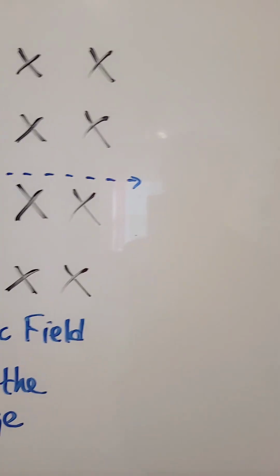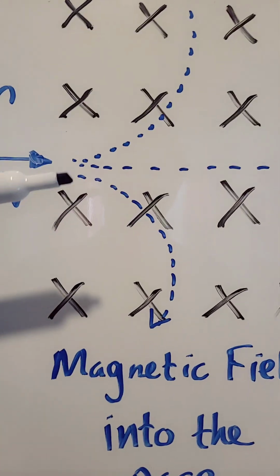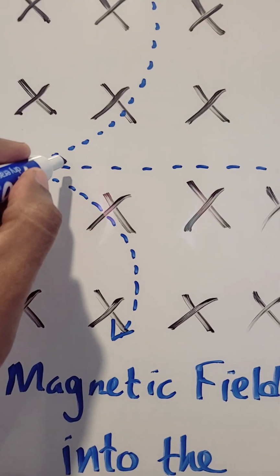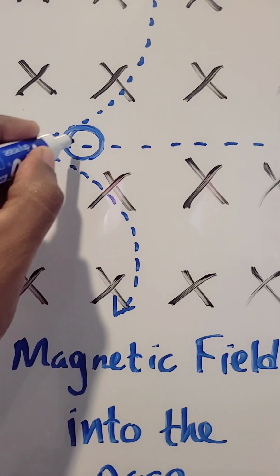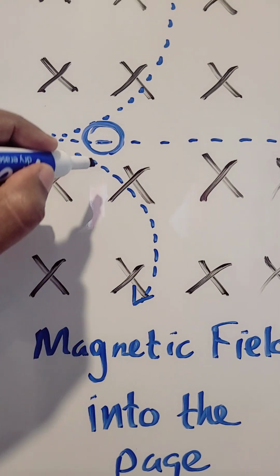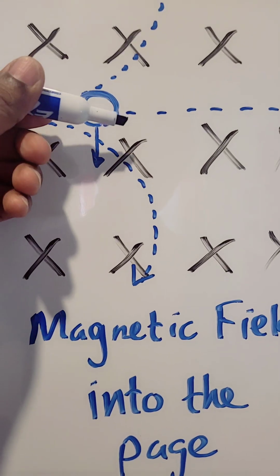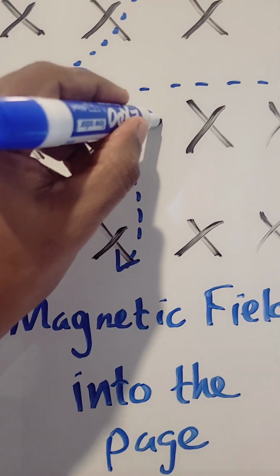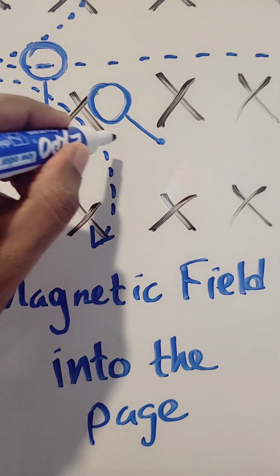So if we go back to our original problem, when the electron enters the magnetic field, let's say somewhere over here, there's going to be a force downward. Because of that, it's going to move in this direction. And then when it comes to this point, you can see the velocity is like that.